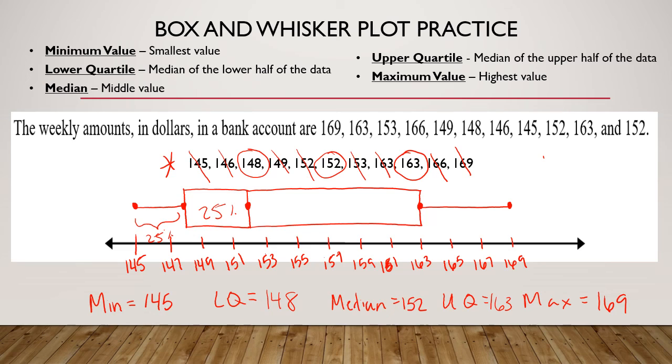Even though the next box is a lot larger than the first box, it still only represents 25% of your data. And then your last whisker right here represents 25% of your data. It's kind of nice to be able to see that you're separating it into 4 different parts.